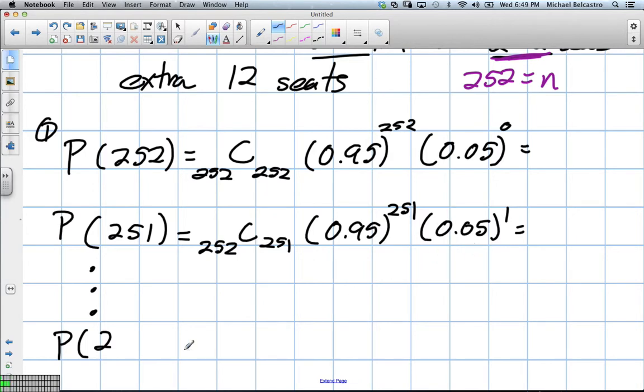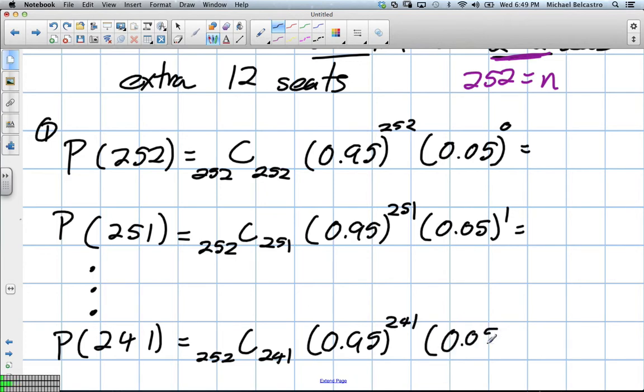The last possible overbooking would be 241 of the 252 people booked showing up, with 0.05 to the power of 11, a failure count of 11. So you get those probabilities.